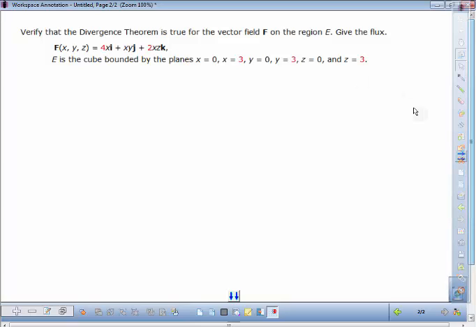And then we'll compare. So verify the divergence theorem is true of the vector field of a given region E and give the flux. So let's start with the flux integral. We'll do the flux on this page, and then the next page we'll do the triple integral of the other half of the divergence theorem.